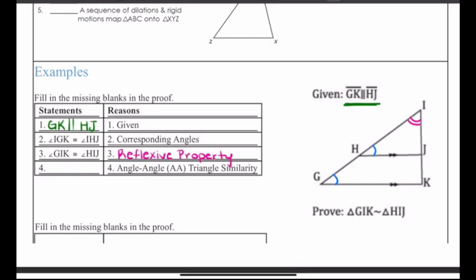Okay. So whenever you say something is congruent to itself, that's our reflexive property. So now finally, by angle-angle similarity, here is the first angle that the triangles have in common. Here's the second one. This is the small triangle. This is the big one. We can say now that triangle GIK is similar to triangle HIJ.